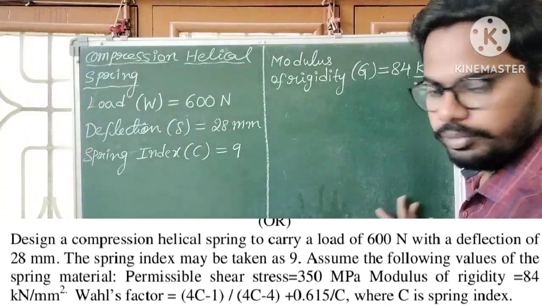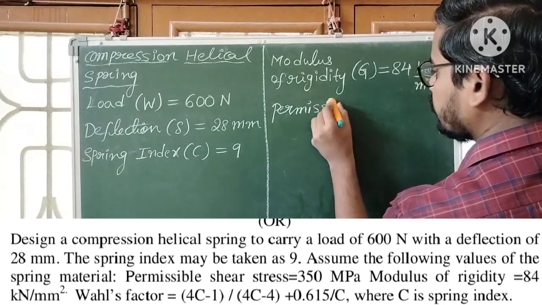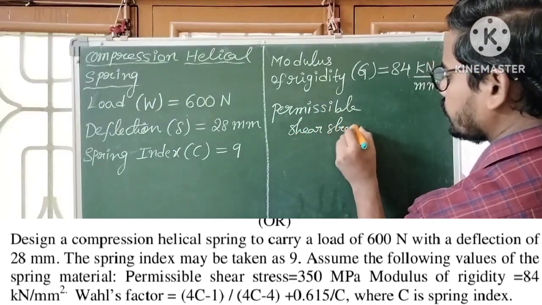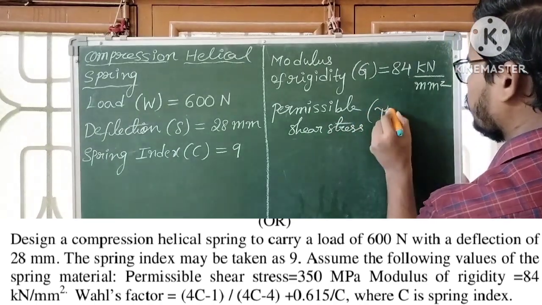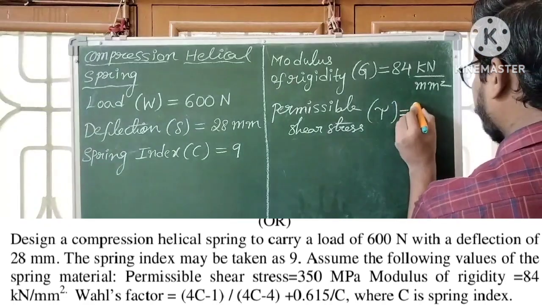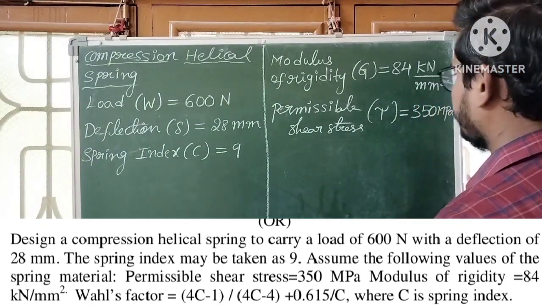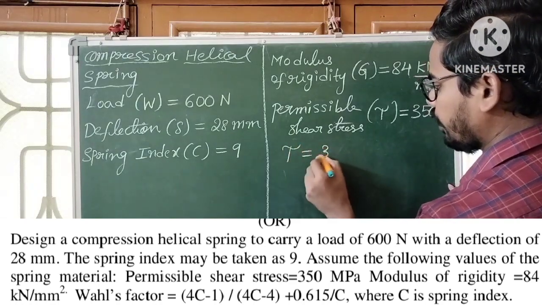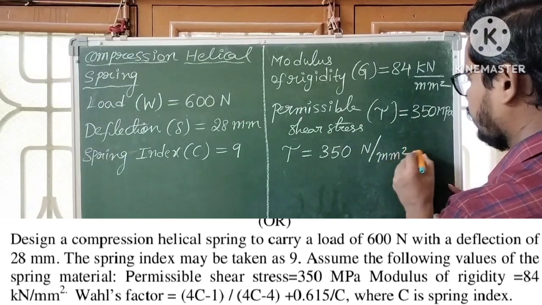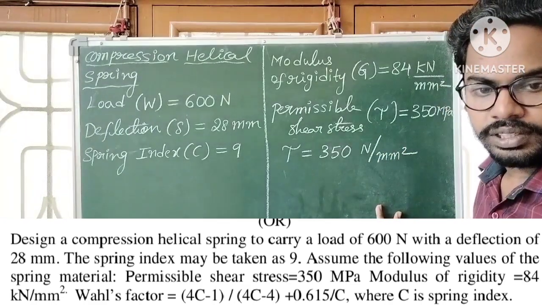We are also given permissible shear stress, denoted by tau. Tau is equal to 350 MPa, megapascal. One megapascal means newton per mm square. So tau is equal to 350 Newton per mm square.